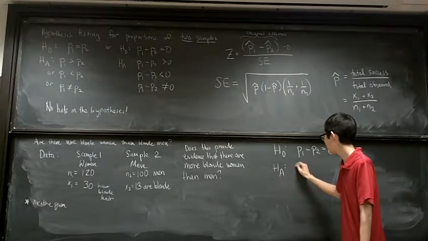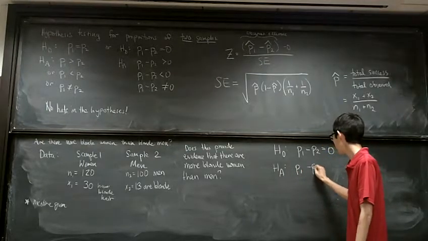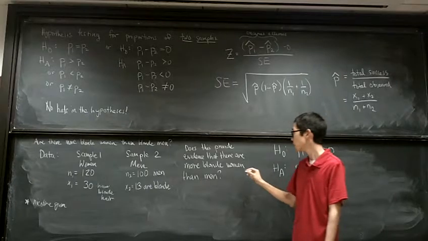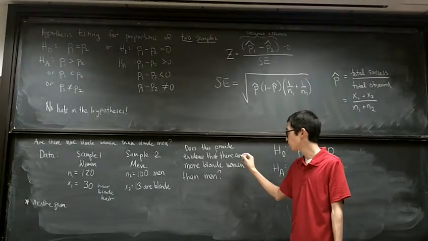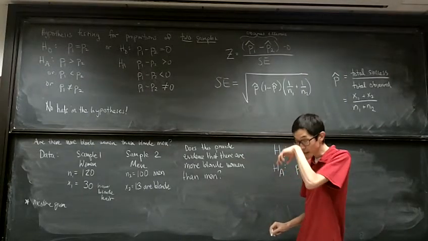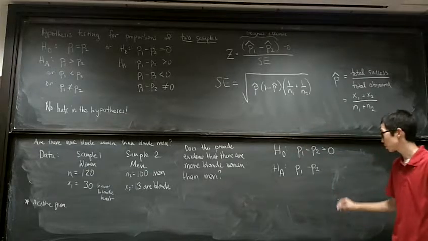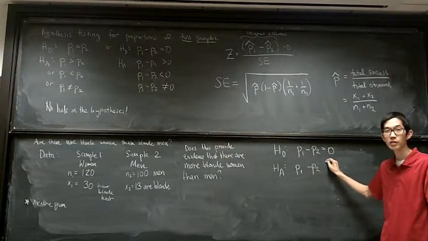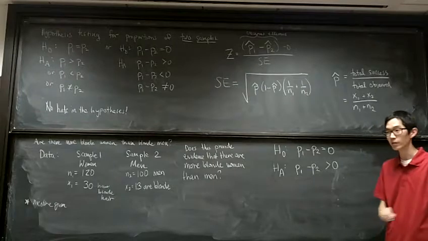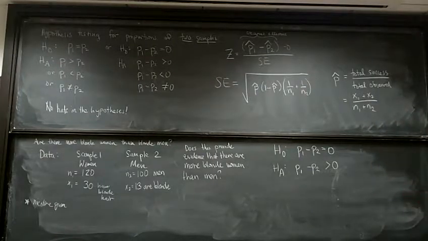The question asks whether there are more blonde women than blonde men, so p1 minus p2 should be greater than 0.